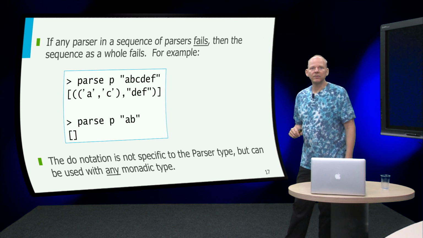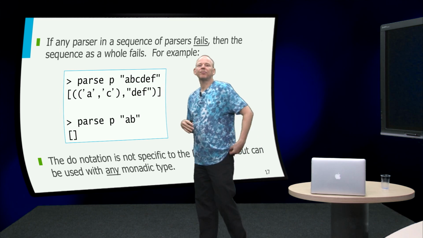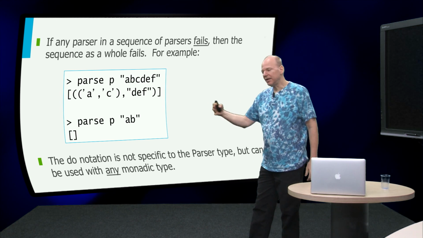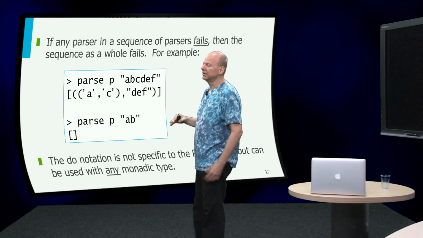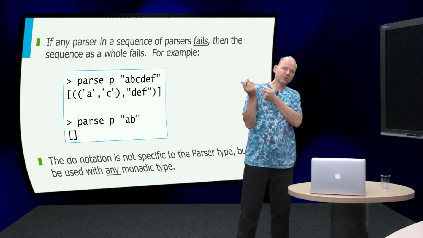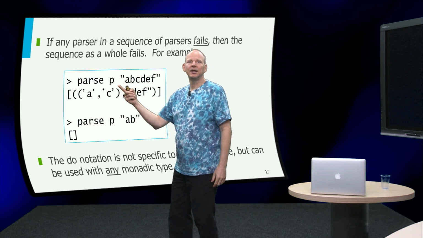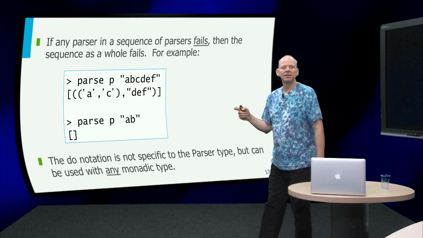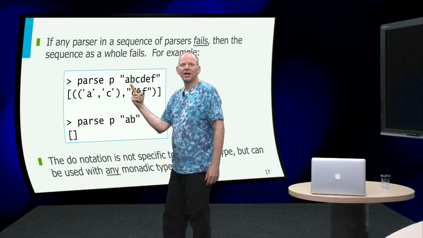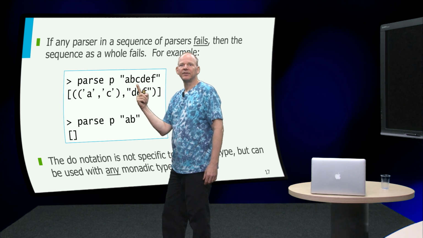All right. So the other thing is that when we are composing multiple parsers in a row, what we want is that when any of them fails, the whole thing will fail. And then we can always try with the triple plus to use another parser. So if we parse here P, that was our example, it would take this and parse three characters and return the first and the third.